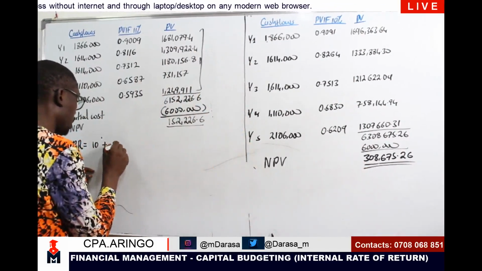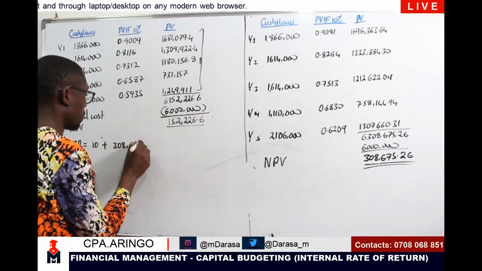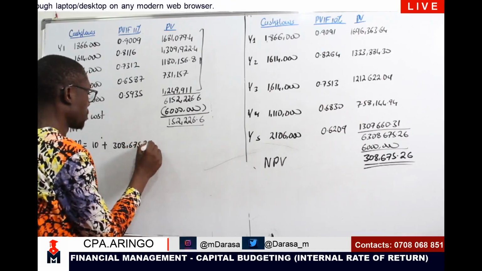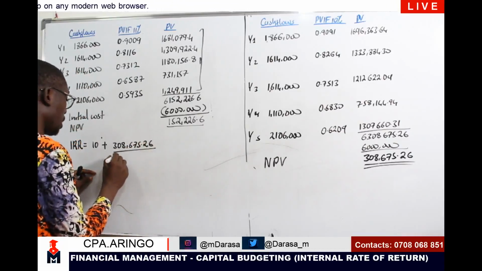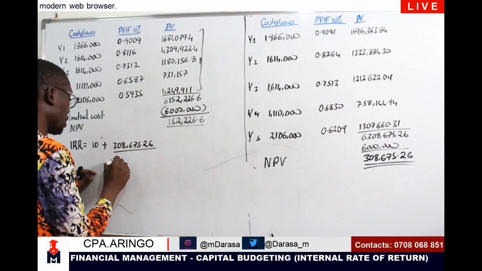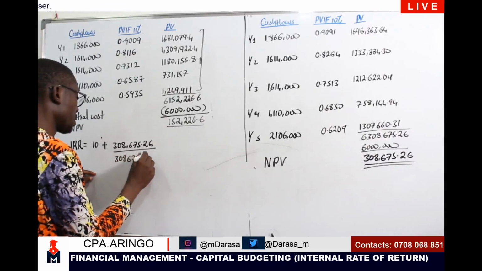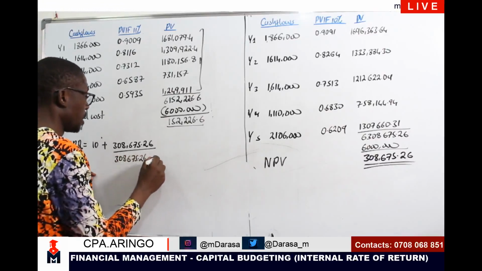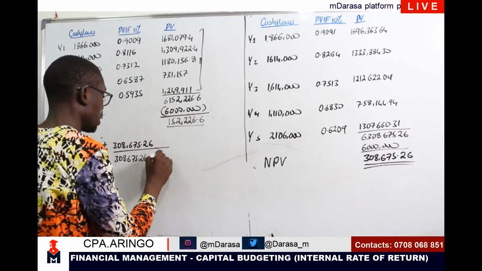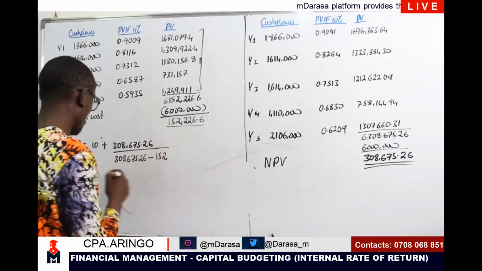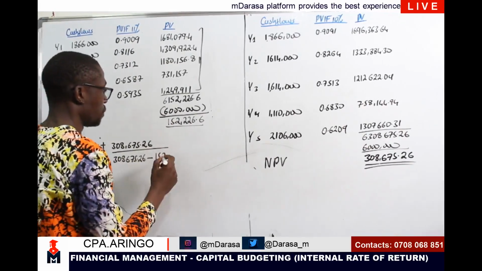So I'm having 308,675.26. We are going to divide by the NPV of the lower rate, which is 308,675.26, less the NPV of the higher rate, which is 152,226.6, the one that we just determined here.